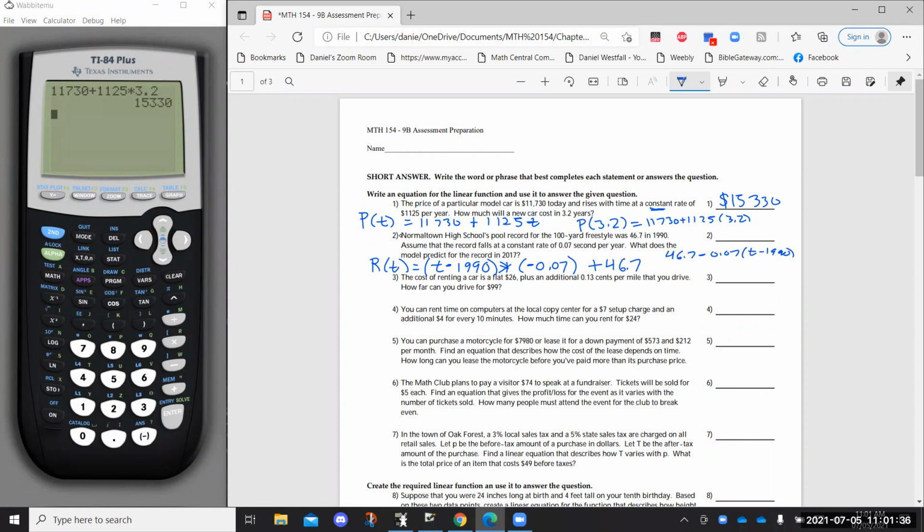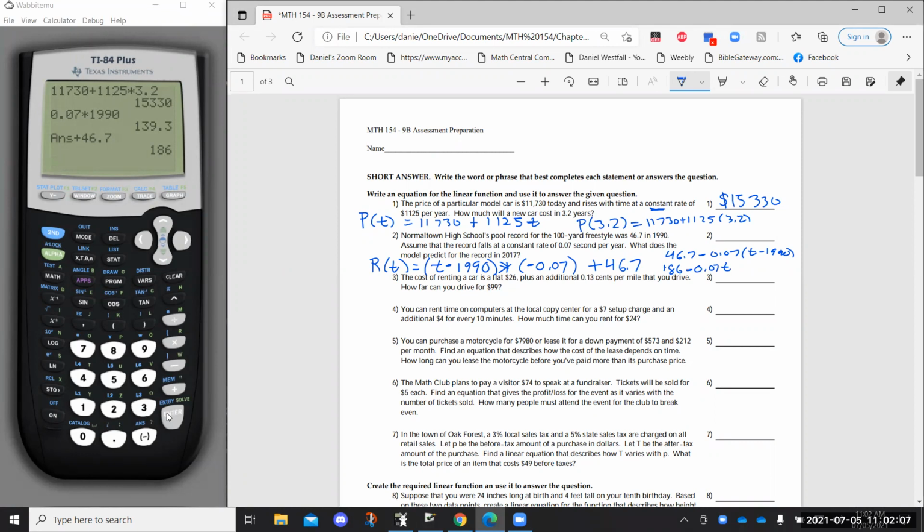Or you could even multiply all that out and say that 0.07 times 1990 plus 46.7 is going to be the same as 186 minus 0.07T.